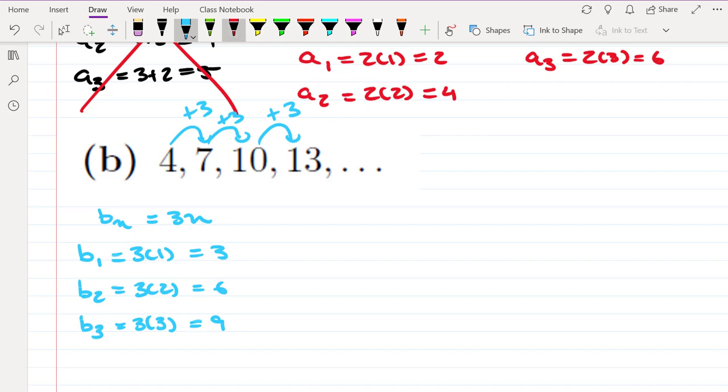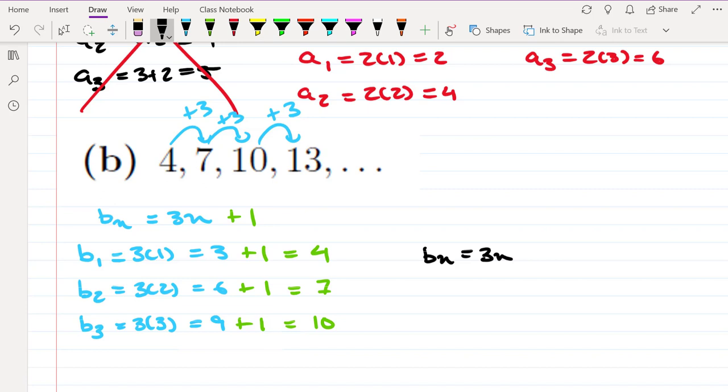So these are not quite right. In fact, every single one of these terms is too small by the amount of 1. If I were to add 1 to each of them, it would give me the proper values. So my actual general term of the sequence would be b sub n equals 3n plus 1, which gives me the proper skip.